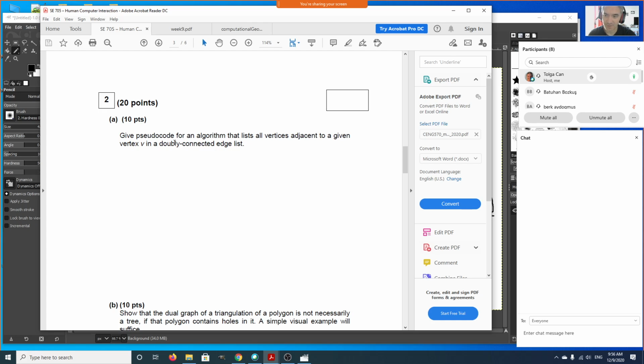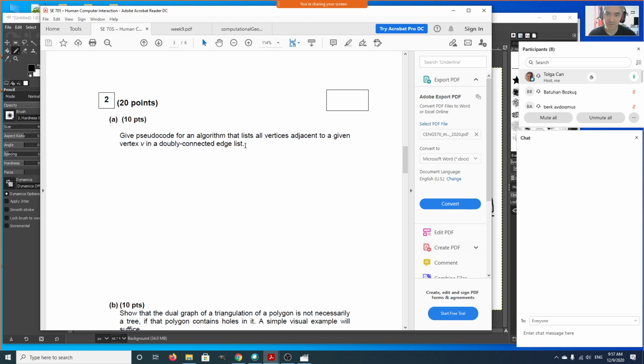The efficient algorithm, in order to look at the adjacent vertices of a given vertex, is to use the twin, next, and origin records to walk over and traverse the edges that are incident on this vertex.